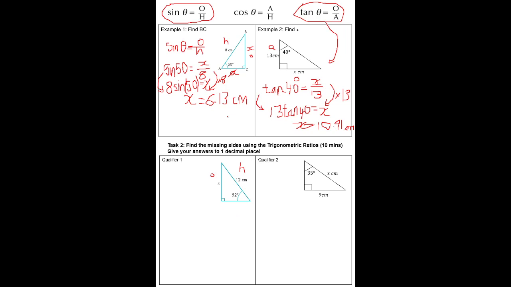The key to this is there's really just 3 steps. So you want to label your triangle, write the ratio out, which one you're using, SOHCAHTOA, substitute in, and then balance and solve. And remember, for that last step, use your calculator, but you don't really need to use a calculator until you've got to that point at the end.